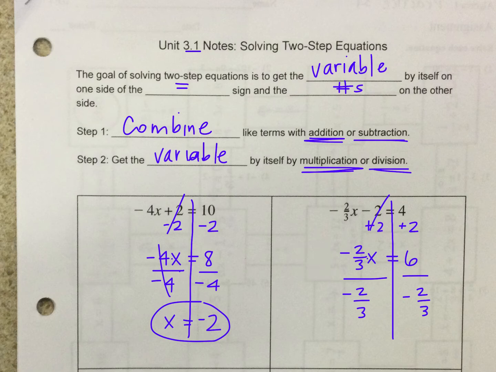The second way is the true way we do it in Happy Math Land, but I'm completely content if you remember to divide. X equals 6 divided by negative 2 over 3 will be a negative 9. And I just typed that in my calculator just how I see it.